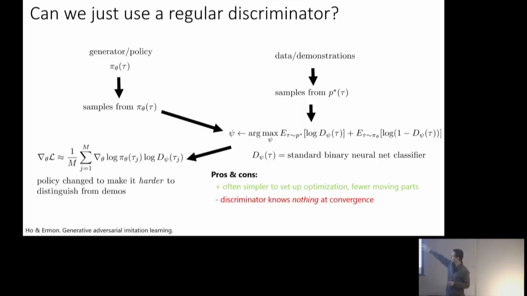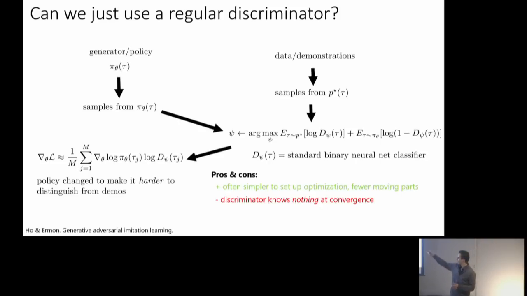At convergence, the discriminator actually knows nothing about the task. So when does the system converge? It converges when the discriminator cannot distinguish demonstrations from samples. When that happens, it's going to output 0.5 everywhere, right? Because 0.5 is the right thing to output if you're not sure if a trajectory is a demonstration or a sample. But of course, you can't take a discriminator that outputs 0.5 all the time and re-optimize it in a new domain, because your reward is just always 0.5.